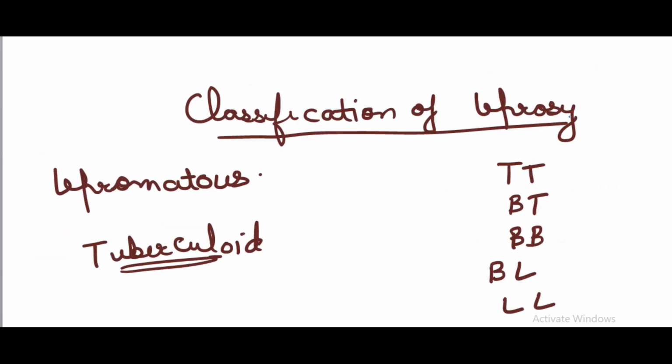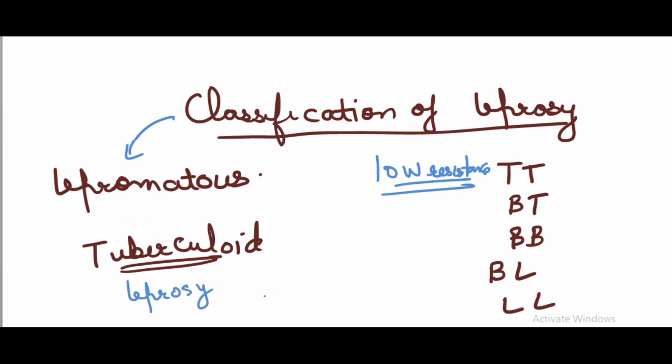Now we can classify leprosy based on two types. One is lepromatous leprosy that represents a low resistance, and tuberculoid leprosy that indicates a high resistance.